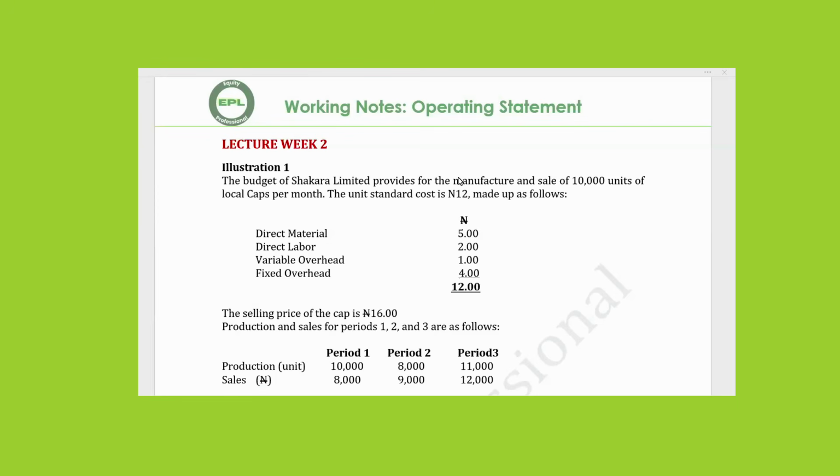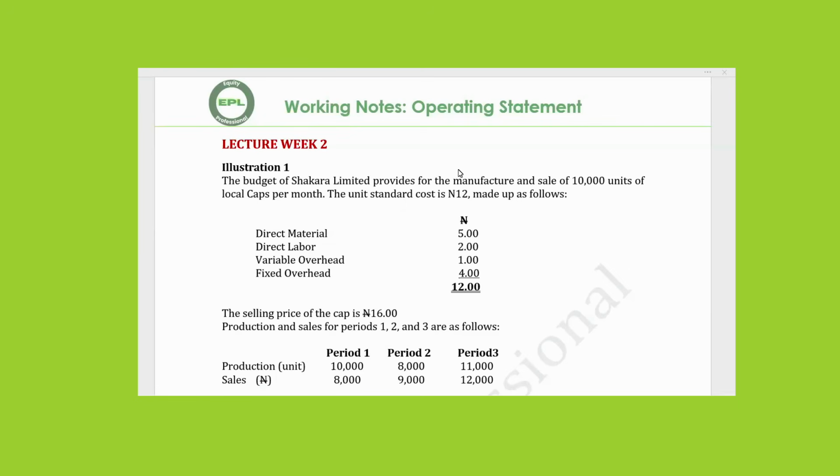Then I also discussed with you the key points or the features you need to consider when you are preparing your income statement using the marginal costing approach. The first point you need to know is that opening and closing stocks are valued at total variable cost per unit.